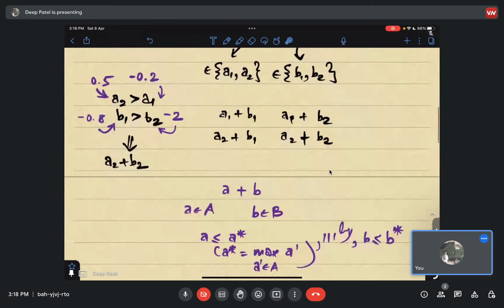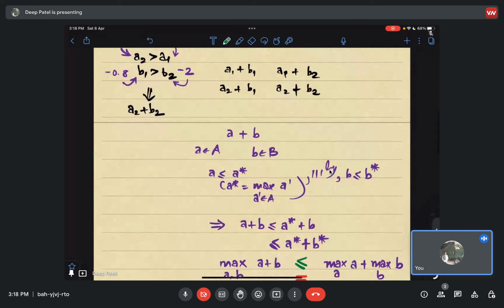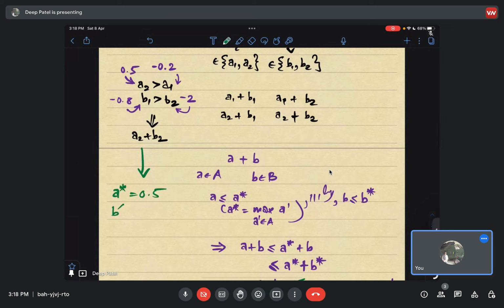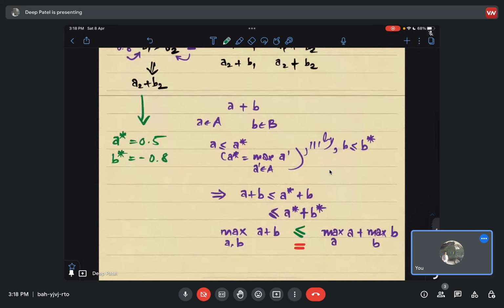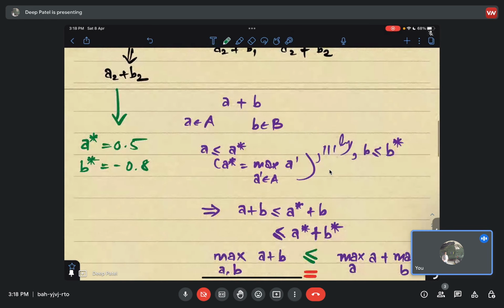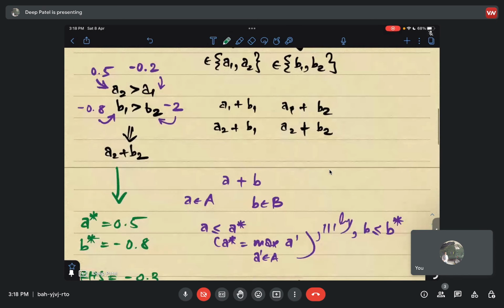Let's just take this example. Maybe we'll have to massage the terms, but let's see. What is our A star? 0.5. And what is B star? Minus 0.8. So the RHS is minus 0.3. What about the LHS? We have to take all combinations.